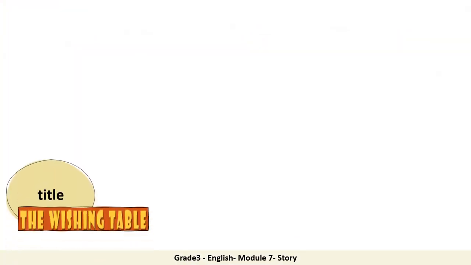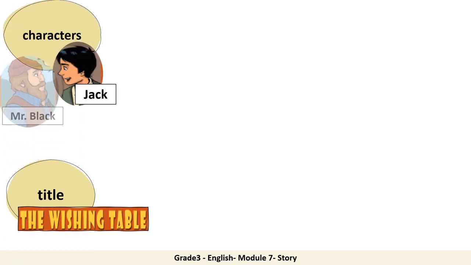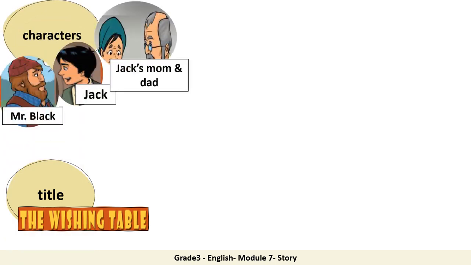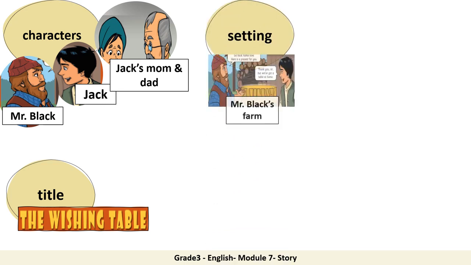Well, what is the title of our story? Excellent! The wishing table. What about the main characters? Yes, Jack, Mr. Black, and Jack's mom and dad. What about the setting? Where did the story happen? Excellent!